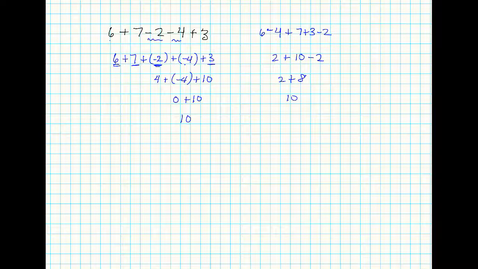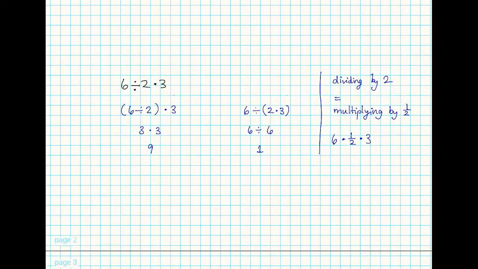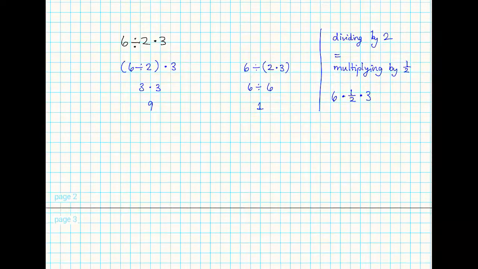Subtracting 2 is the same as adding -2. So, same thing, dividing by 2 is the same as multiplying by 1/2. And so now I can do this either way first.